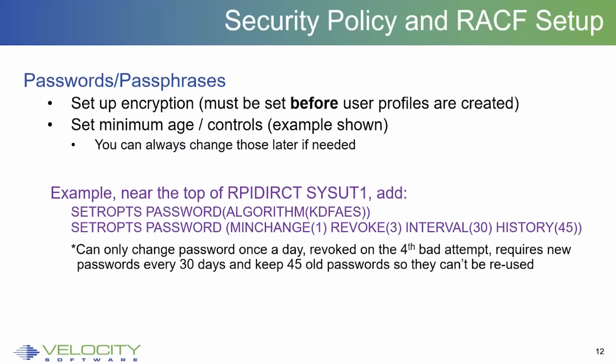If you're going to encrypt them in your database, you have to set that up before you create user profiles. If you choose to turn on encryption later, you have to unload your RACF database, enable encryption, and then reload the database. It is more complicated. So again, this is best done before you start adding user profiles.